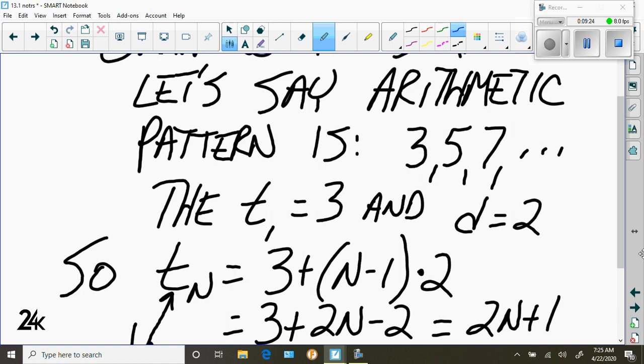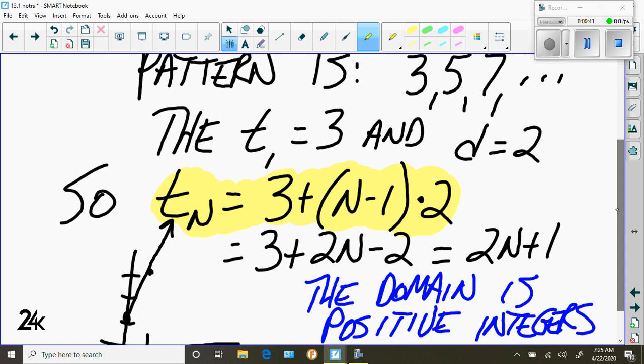So this is the formula from 2 slides ago. I took the first term, 3, and then n minus 1, it's always n minus 1, times d, 2.